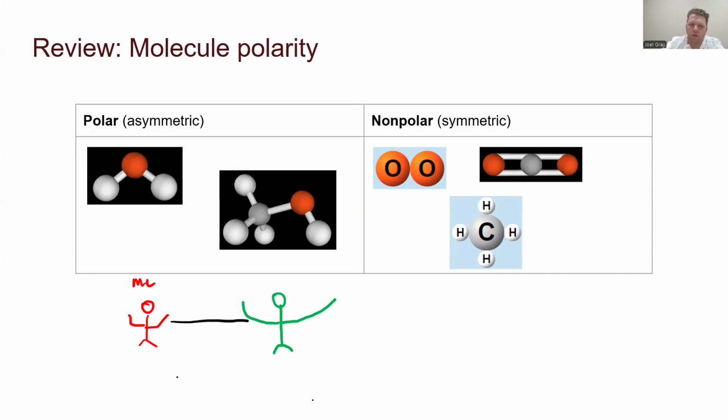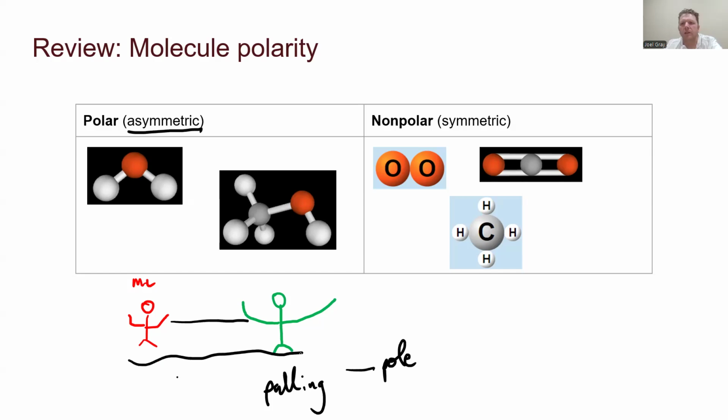Essentially he's giving a pull, a pole, to this game of tug of war. That's one way that we can think about a bond and then think about a molecule. If that molecule is asymmetric, me versus the Incredible Hulk is an asymmetric match of tug of war.